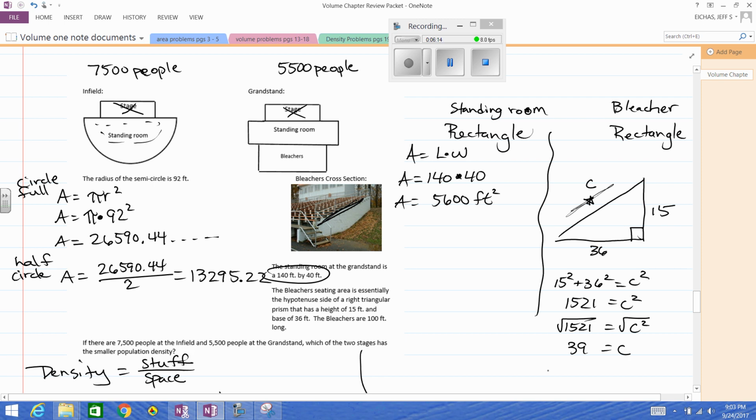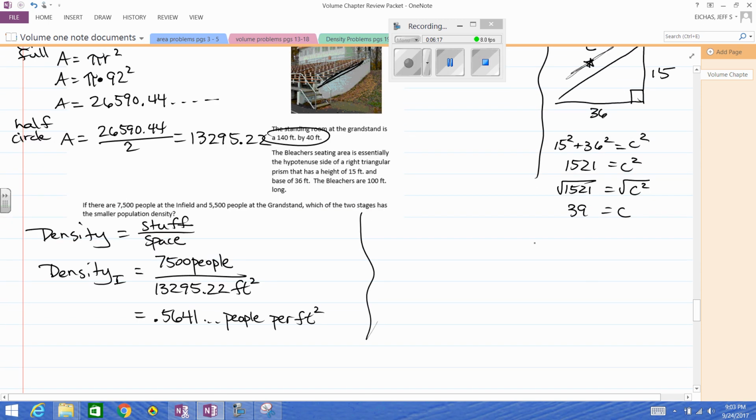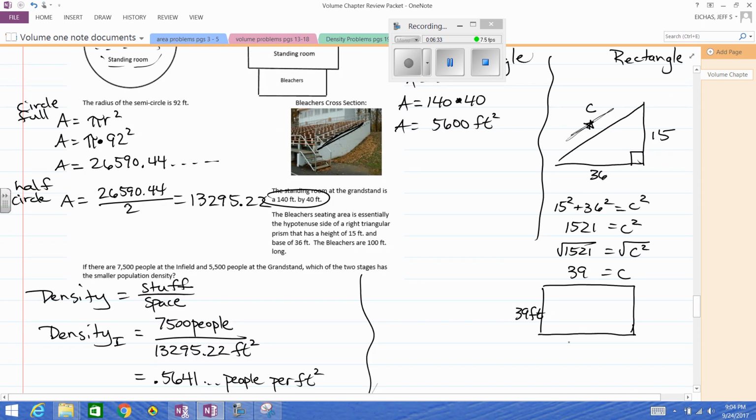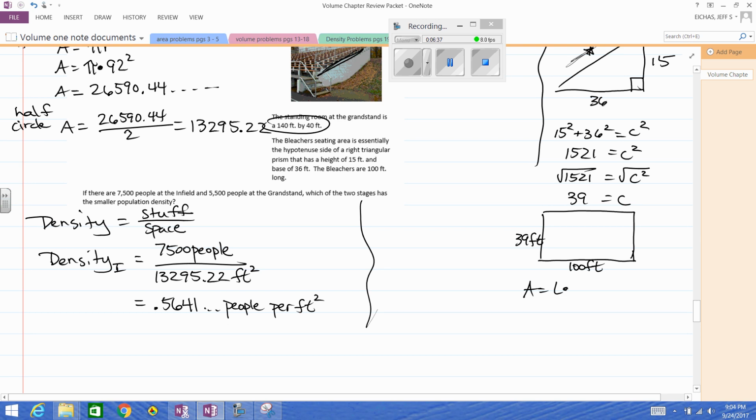Now, let's go back to the normal view. If we were given a top-down view, what we'd have is our bleacher width. You're looking down on it, and that's going to be 39 feet. The bleachers are 100 feet across, so the area of this is also length times width: 100 times 39, which is 3,900 square feet.